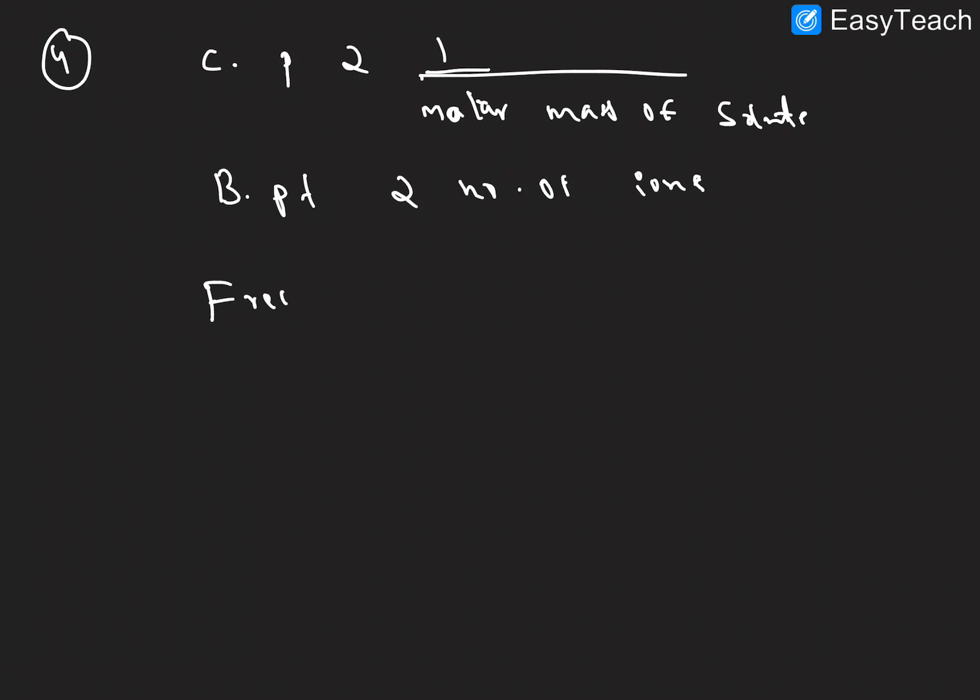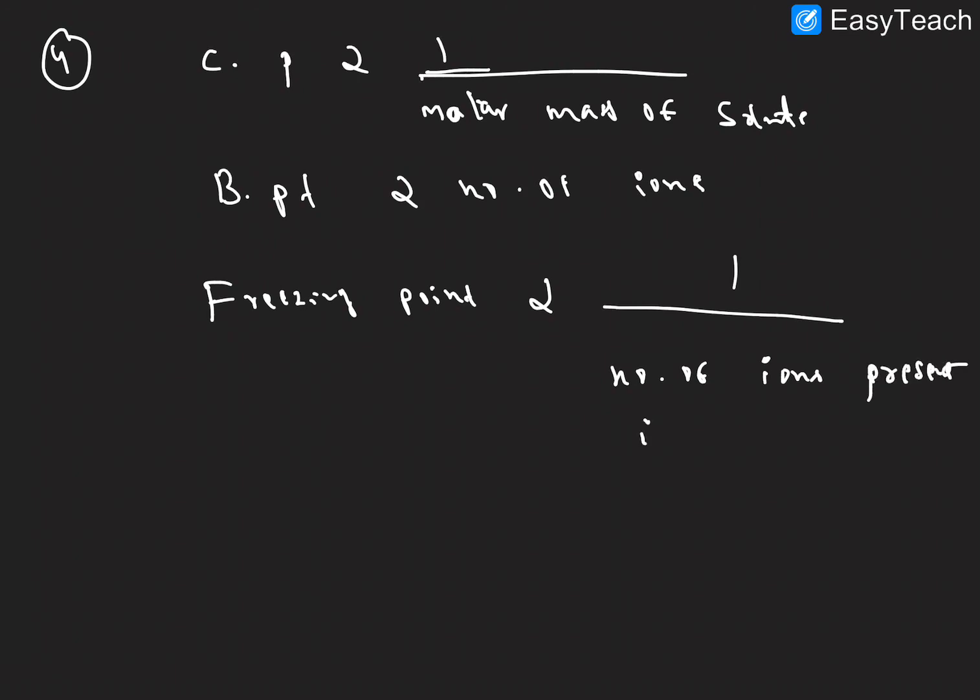And next, the freezing point depression is also proportional to the number of ions present in the solute. I hope it is clear.